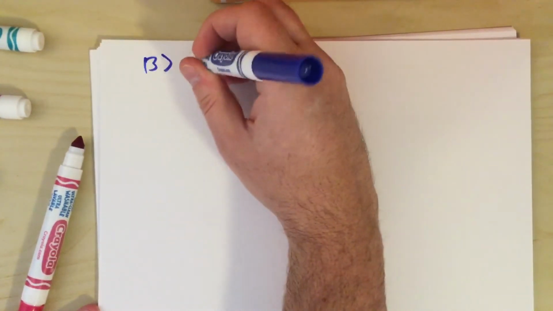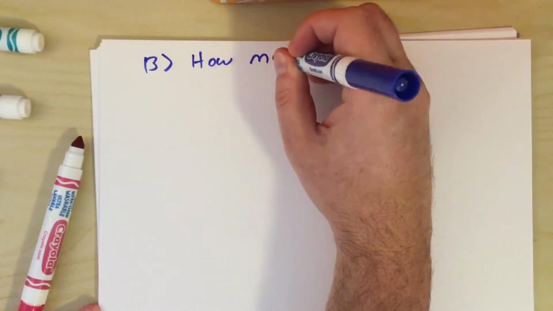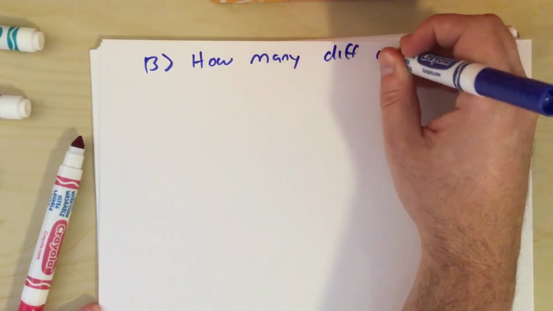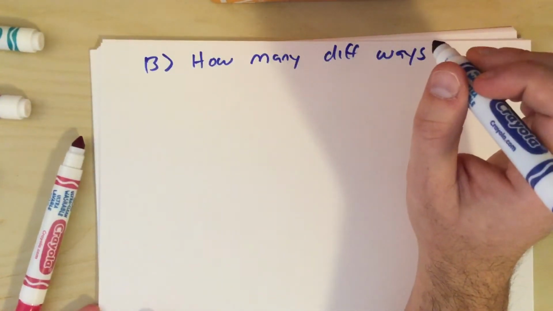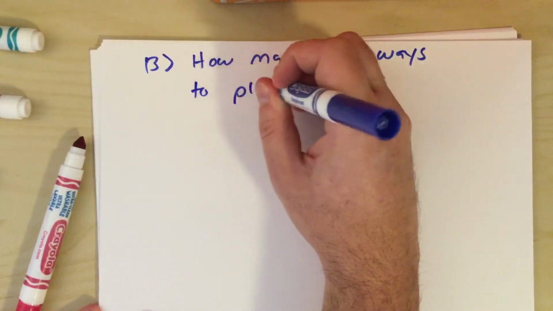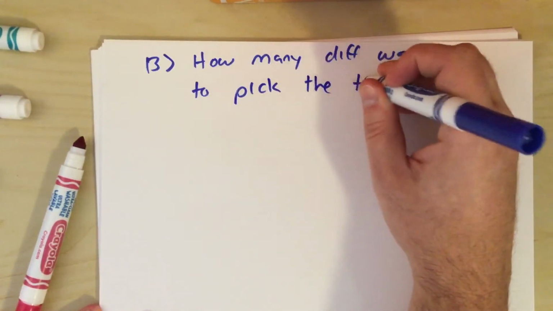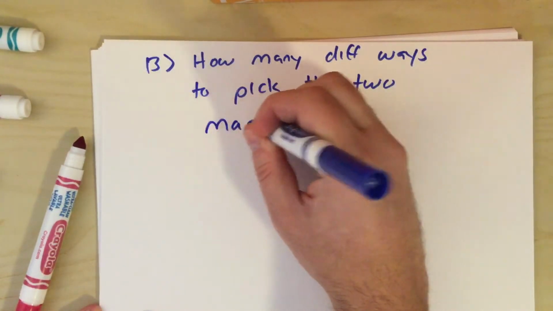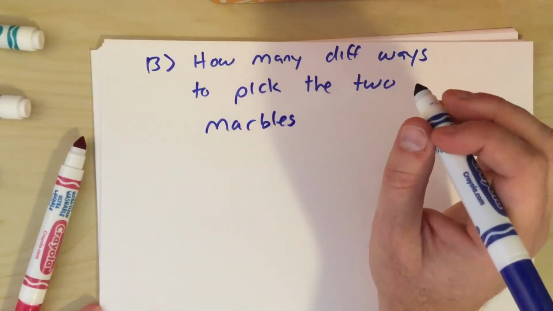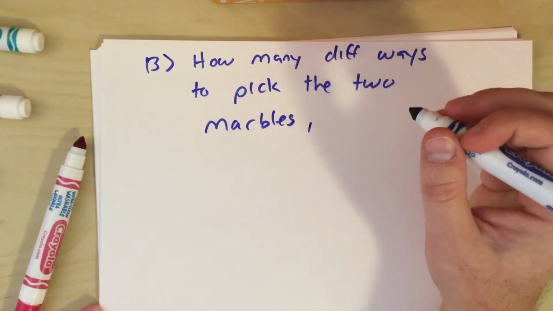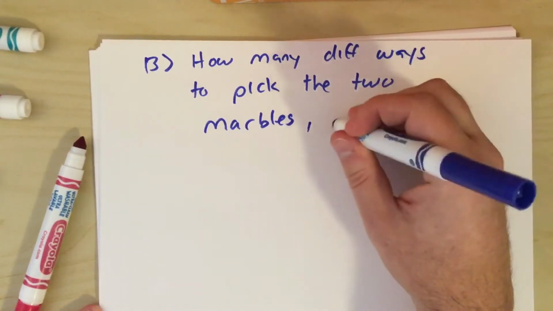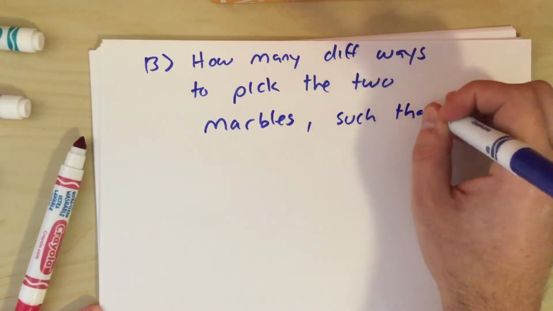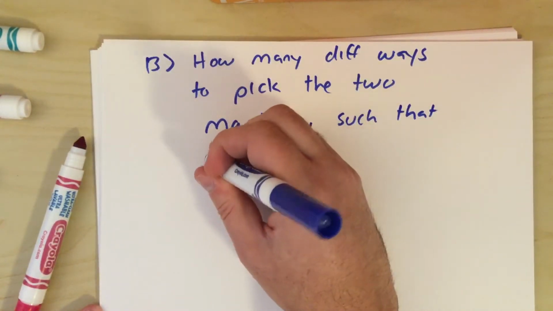Okay. B. How many different ways to pick the 2 marbles, such that neither is striped.